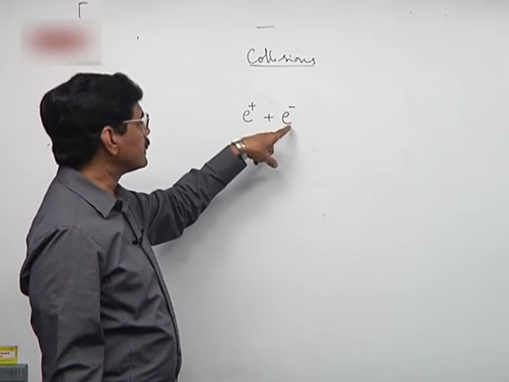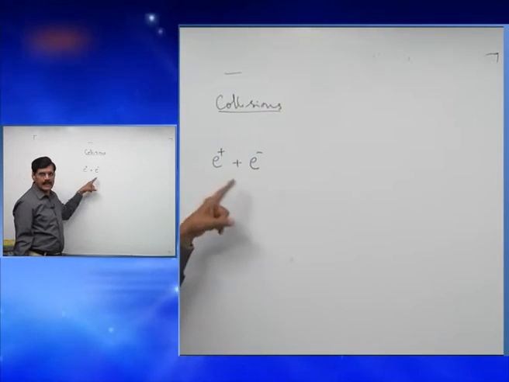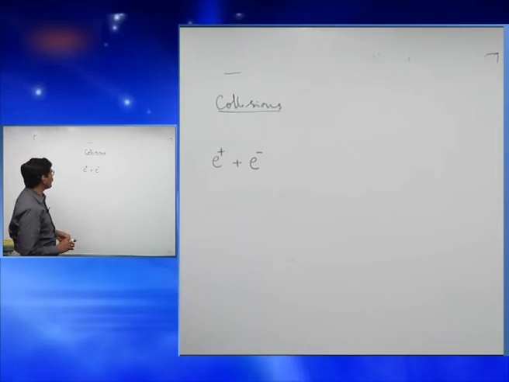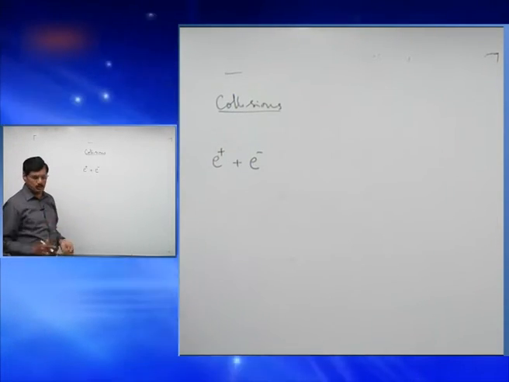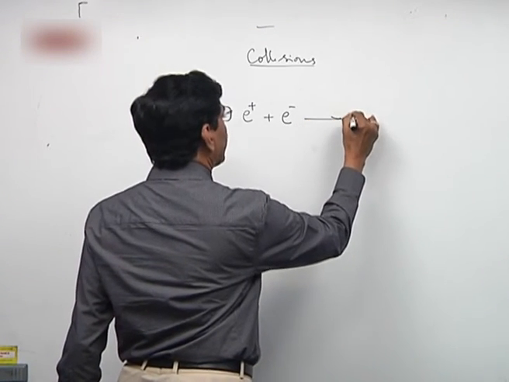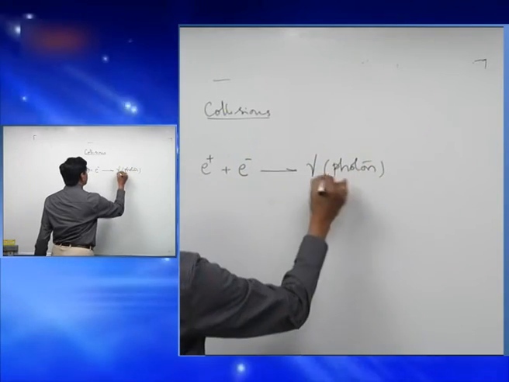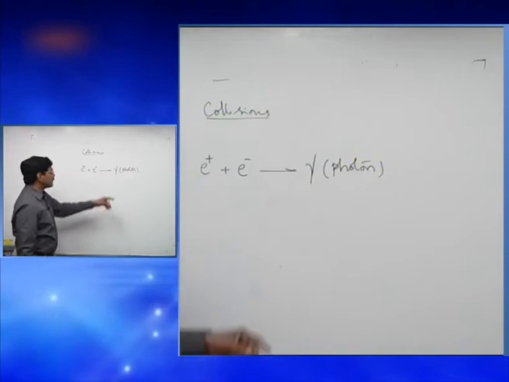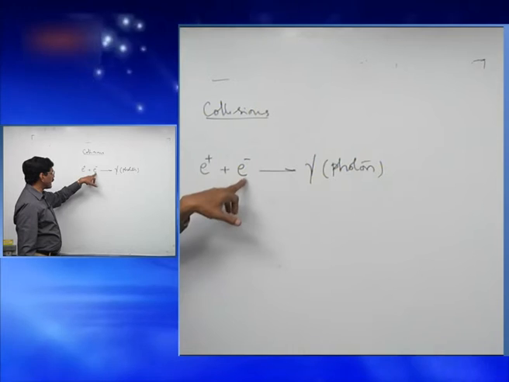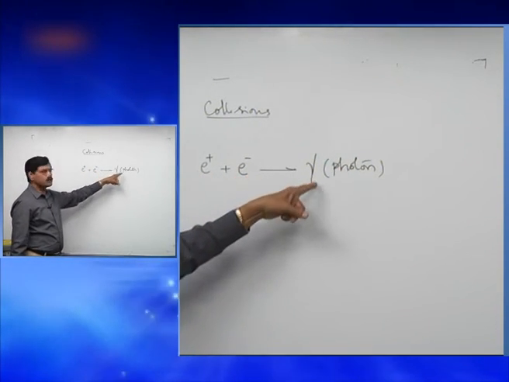Antiparticle means the same amount of charge but positive, and the same mass, as the electron. When a particle and antiparticle come close to each other under suitable conditions, they vanish and a gamma ray photon is emitted. This is not a particle, a photon is energy. One electron and a positron interact with each other and give rise to a photon.